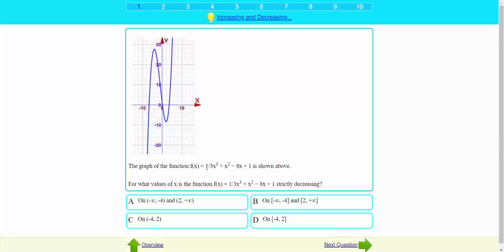The graph of the function 3x is shown above. Okay, for what values of x is the function strictly decreasing? So strictly decreasing is from, I don't know, somewhere like -10.